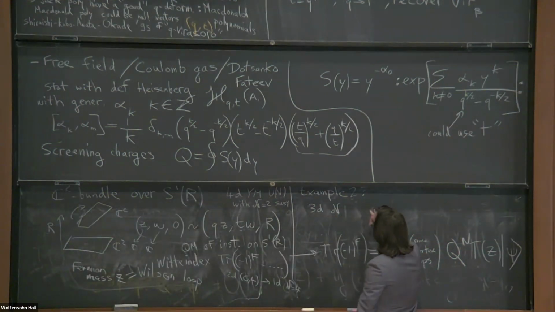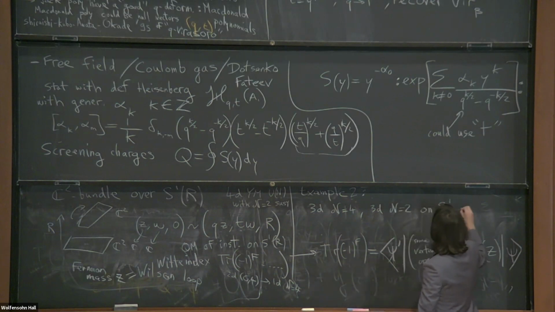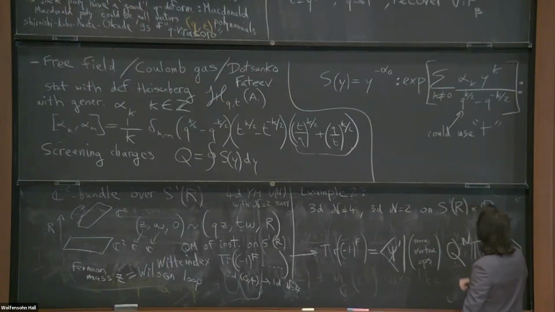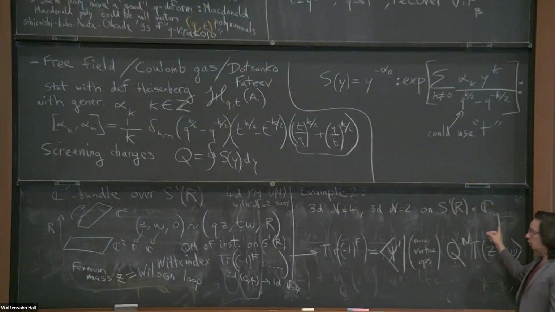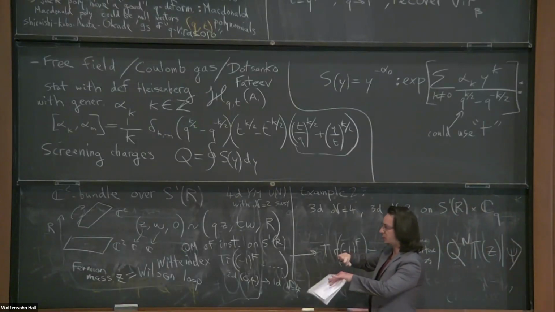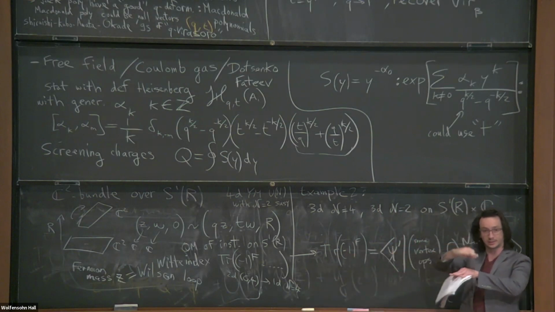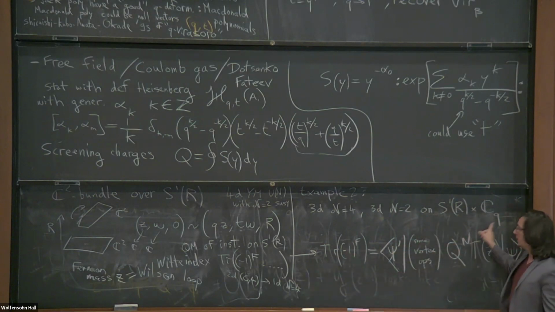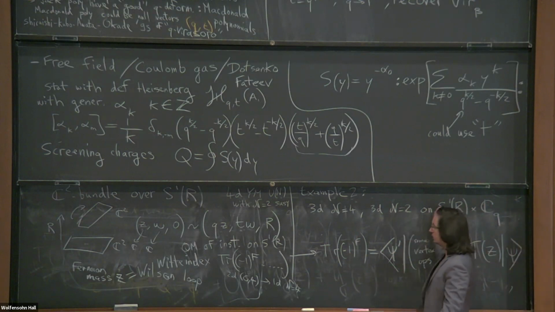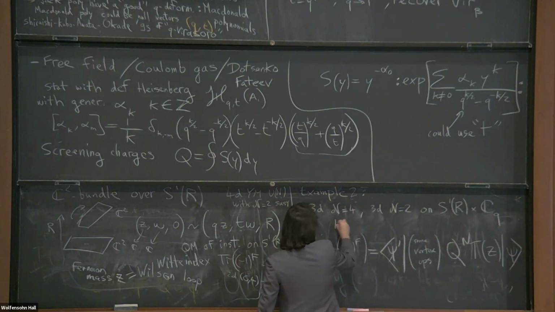So a second example would be to study 3D N=4 or 3D N=2 theories also on a circle of radius r. An omega background also exists. Again, the omega background does the same thing. It rotates a C line, only one C this time, by a parameter Q. And in this context, you can ask, what about maybe the vortex number?